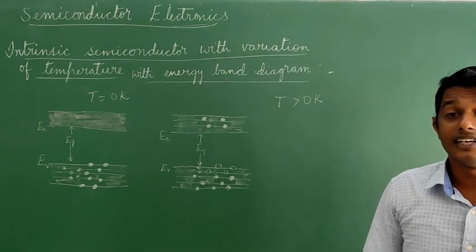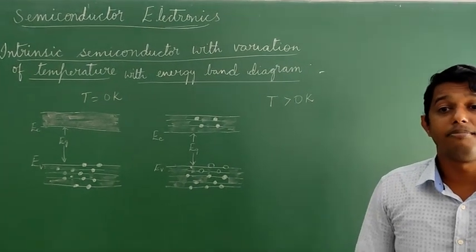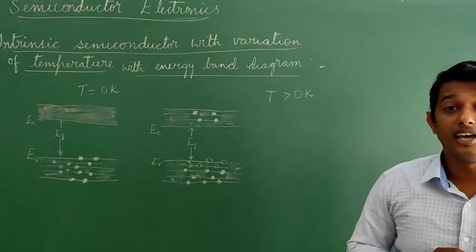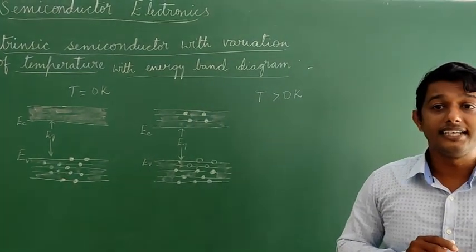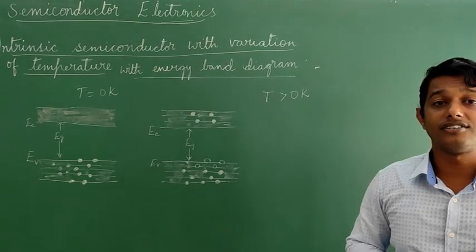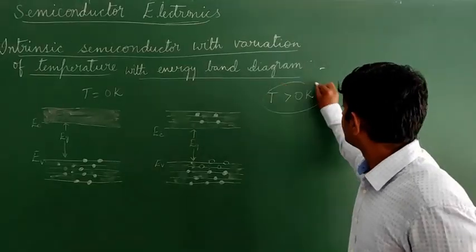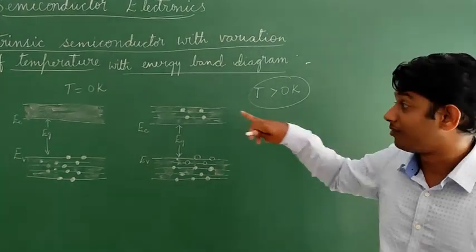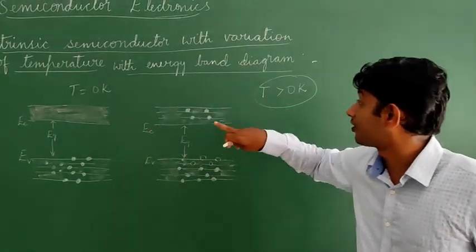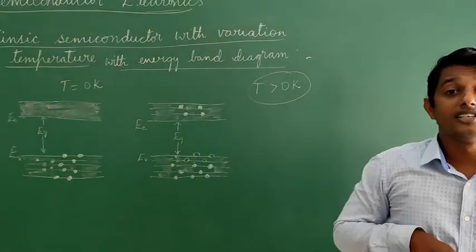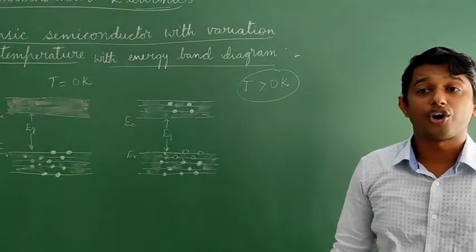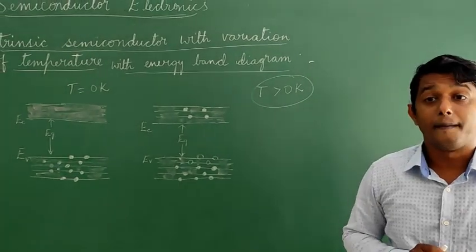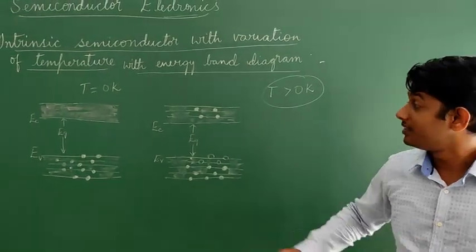These thermally excited electrons, at a temperature greater than 0 Kelvin, partially occupy the conduction band, as shown in this figure.